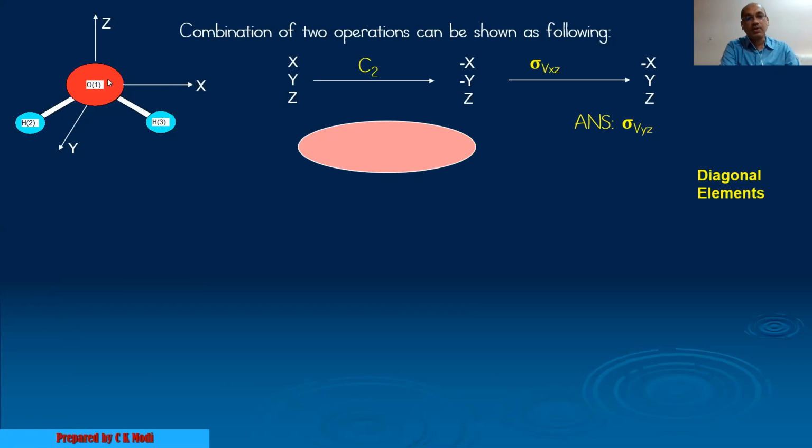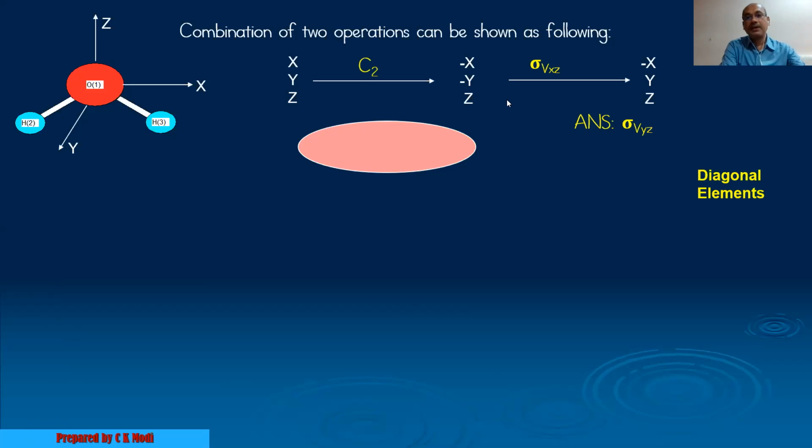First, if I perform the C2 operation, C2 passes through the z axis, so z is situated on the C2 axis. While performing the C2 operation, a 180-degree rotation, x becomes minus x, y becomes minus y. So after C2, the position of x is minus x, y is minus y, but z is there. Why is z there? Because z is situated on the C2 axis.